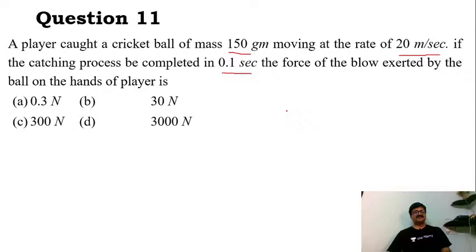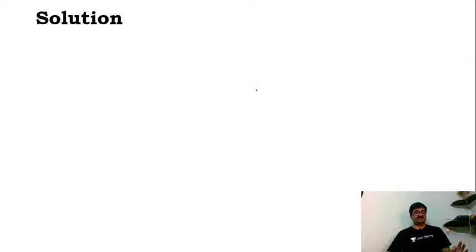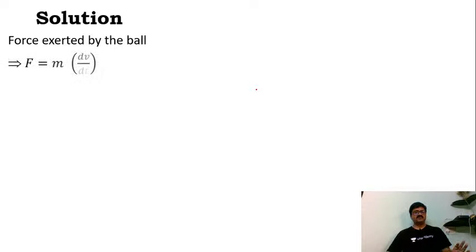So here we'll use the impulse momentum principle. Simple. So force exerted by the ball is F = m dv by dt. Now what is m dv by dt? Rate of change of linear momentum, right?